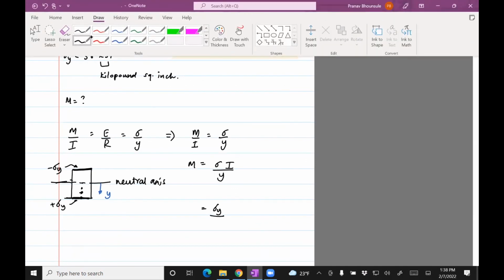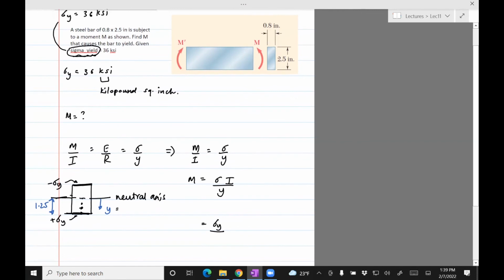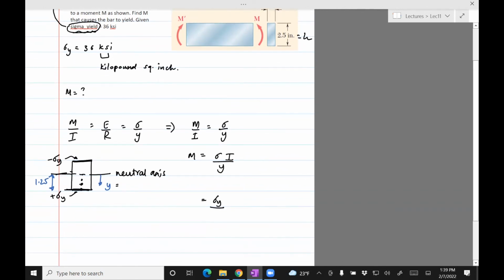The maximum distance is going to be half of this 2.5, which is 1.25. Let's call this B and this H. So it's H divided by 2.